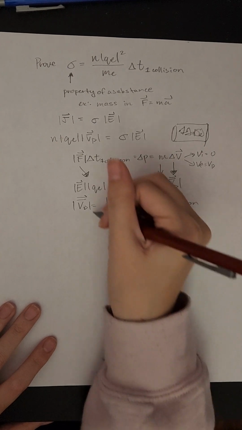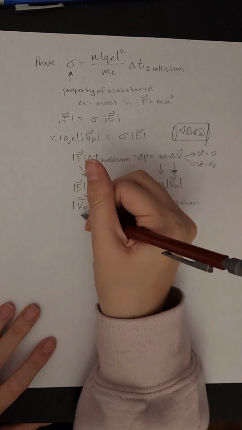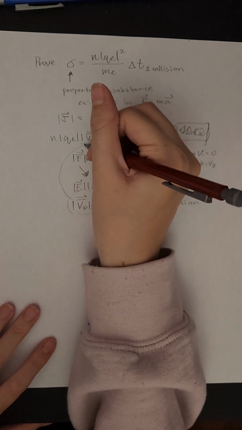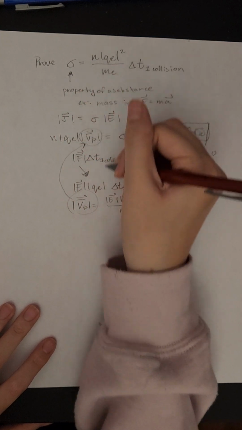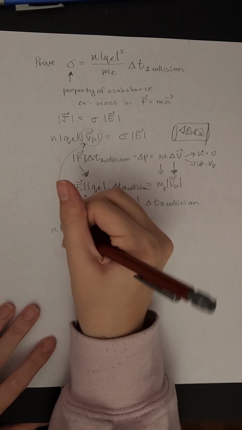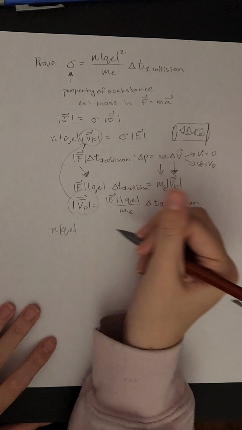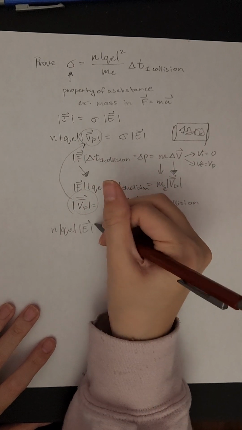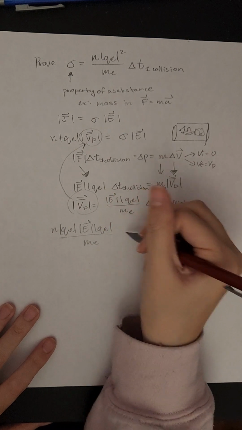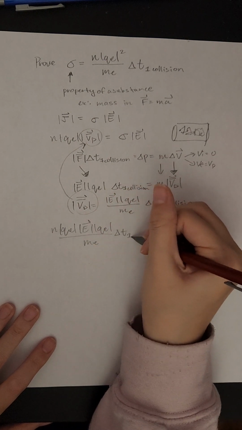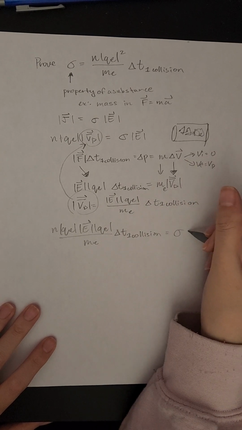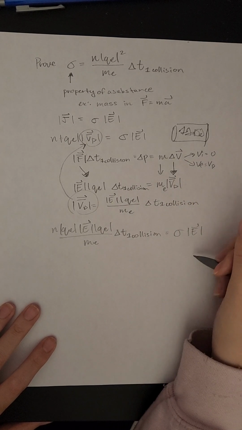So we get this equation for the drift velocity, which we could put back into this equation and substitute it in, and we get number density times charge times electric field times charge over mass of electron times time of one collision is equal to sigma times the electric field.